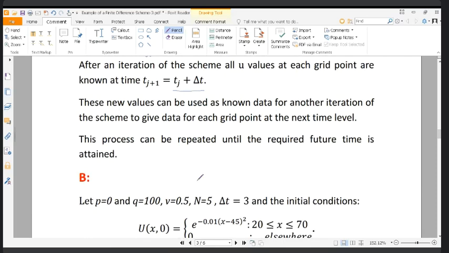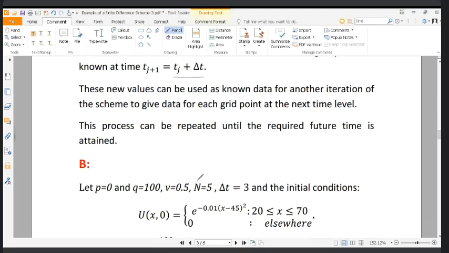In part B, we have P equal to 0, Q equal to 100, V is 0.5, N is 5, and delta T equal 3. Means the first point P is equal 0, and the end point Q equal 100.